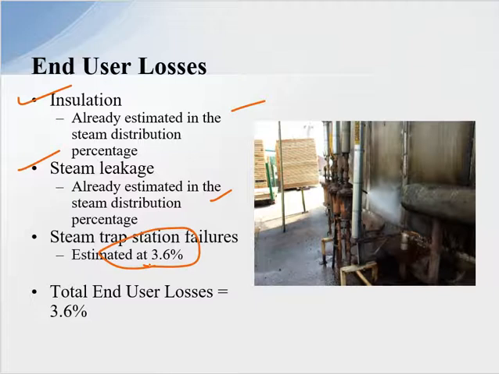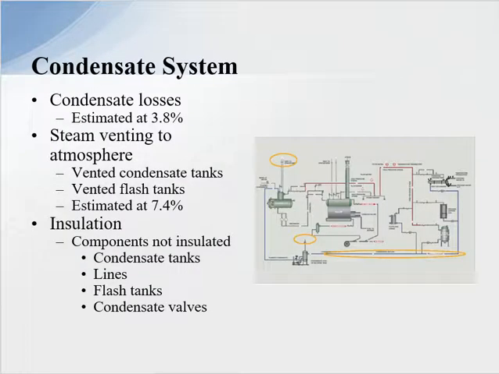And again, depending on the system, it could be more, it could be less. So we're saying that our total end user losses is 3.6%. And as we go through, we're going to add this up at the end and come up with our steam system thermal cycle efficiency.